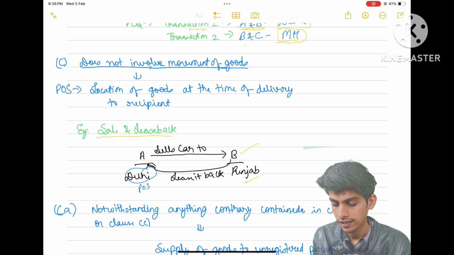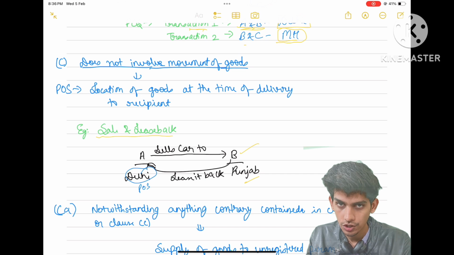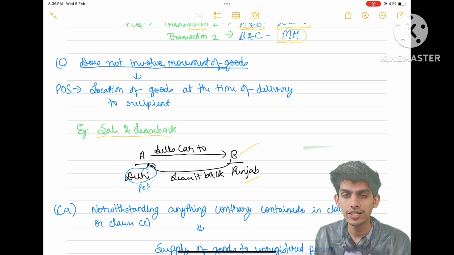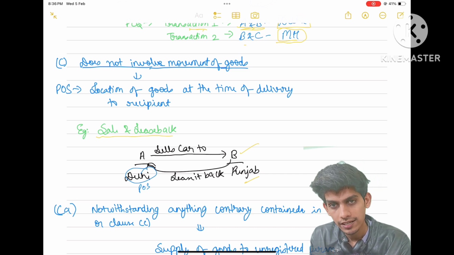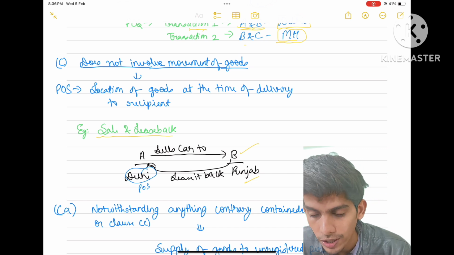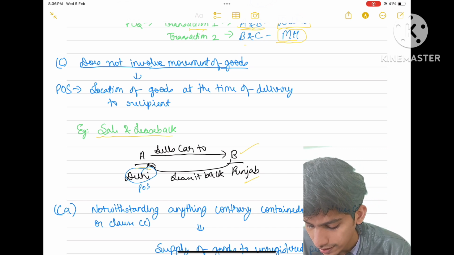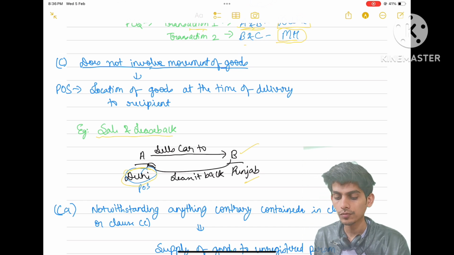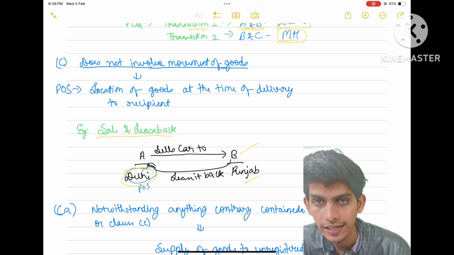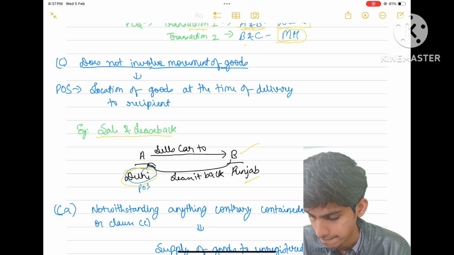In this transaction, the car is not moving anywhere, because before this transaction the car was with Mr. A, and after this transaction the car was still with Mr. A. So there is no movement of goods, and place of supply will be Delhi. So this transaction tells us that when there is no movement, place of supply will be the location of goods at the time of delivery.